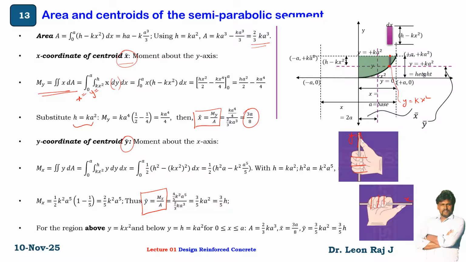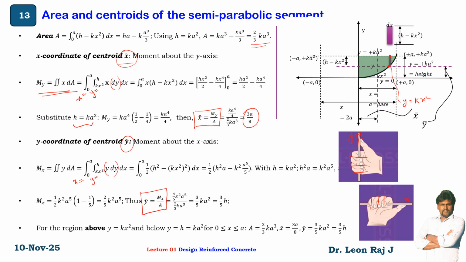In the case of y bar, y bar is very important for the next calculations. So Mx equal to the double integral of y into dA. Here x equal to 0 to a, and y equal to k x square to h, and y into dy dx. So first you have to integrate y into dy, that is y square by 2.